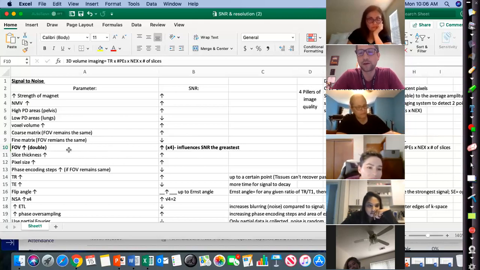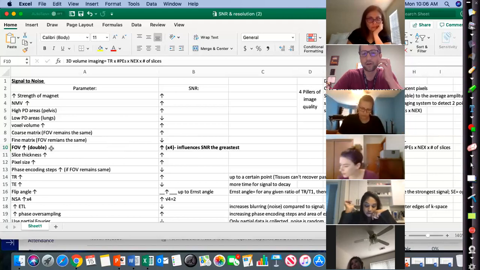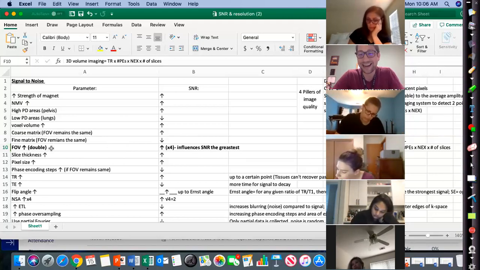So what's the square of 3? 9. So you could put that off to the side. If we triple field of view, our signal now increases by 9, because you're squaring whatever your field of view is.